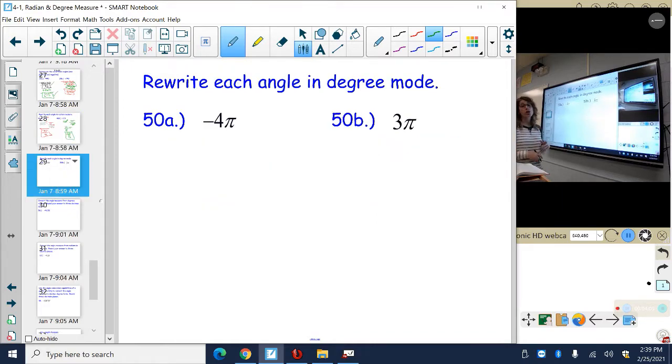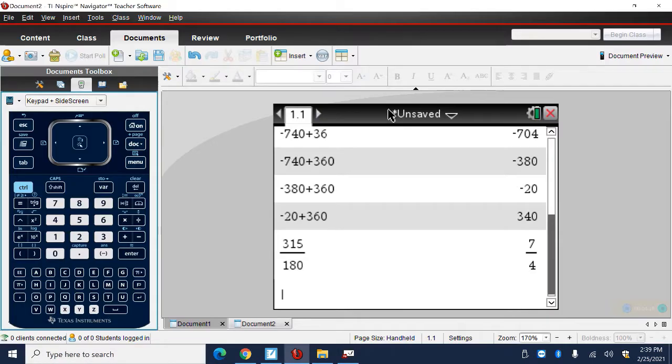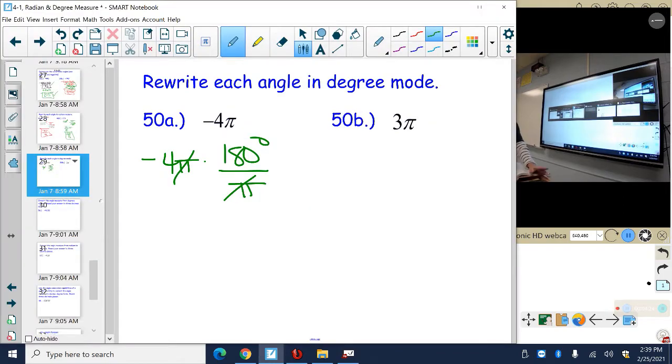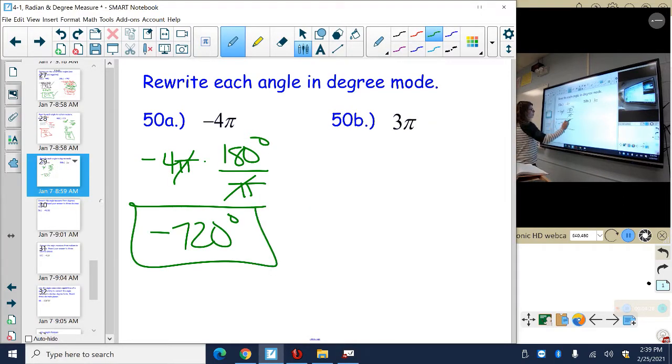Next, I want you to go from a radian to a degree. So this time, I need my radians to cancel out, so my pi goes on the bottom, and the 180 goes on top. So the pi's cancel out, and you are going to have 4 times 180, which gives you negative 720 degrees. Same thing, 3 pi.